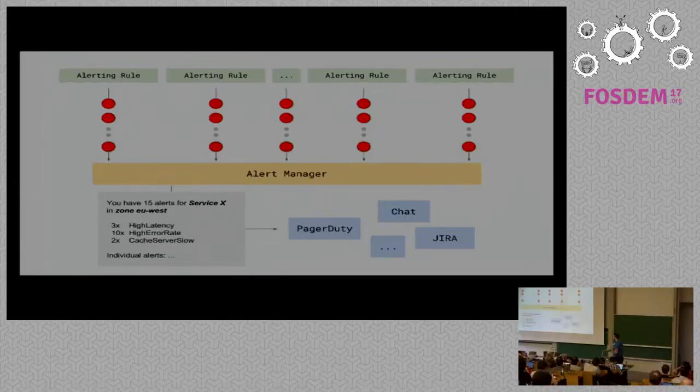And what you then get is something like an email or a page telling you you have 15 alerts for this certain service in this certain data center. 3 of them are about latency, 10 of them are about high error rate, and 2 of them are about some caching server being slow. And then you get a detail of all these alerts. But you get one page telling you basically about one problem that belongs together. And you won't spend all this time acknowledging.